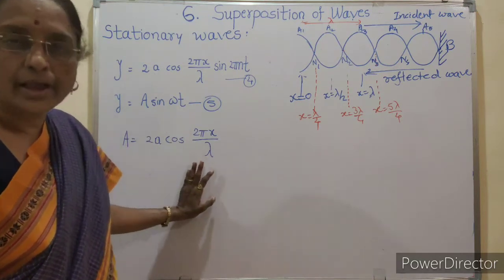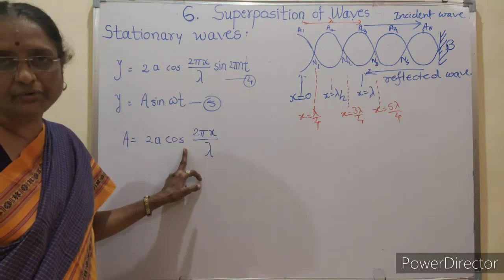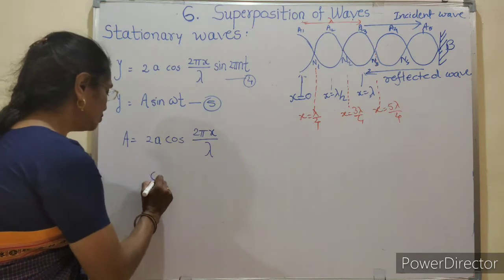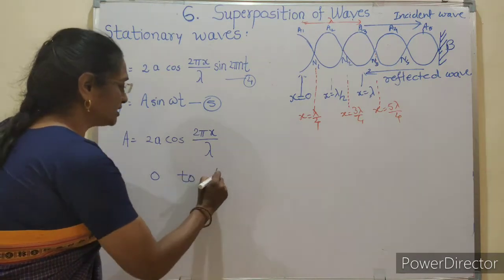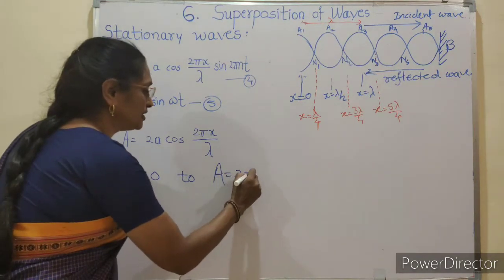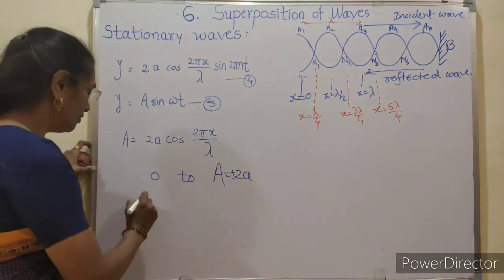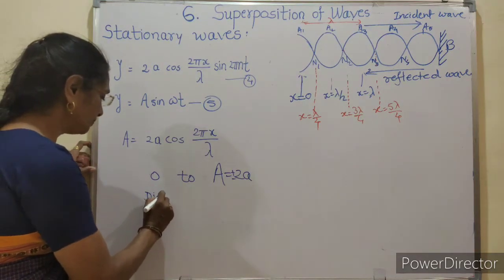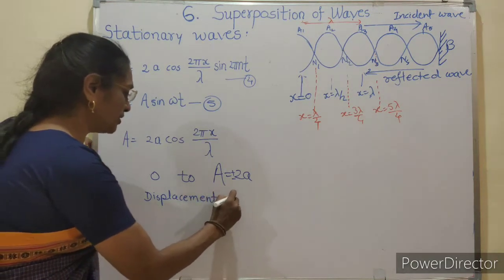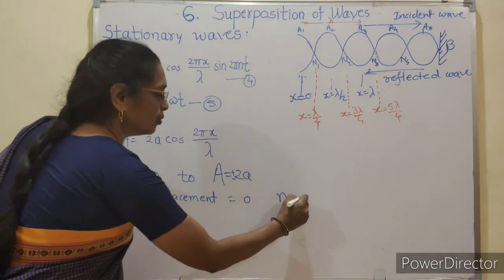From this we have explained that the amplitude of the stationary wave varies between 0 and its maximum value A, meaning the maximum value is plus or minus 2a. So if the displacement of a particle in the stationary wave pattern is exactly 0, those points we have denoted as nodes.